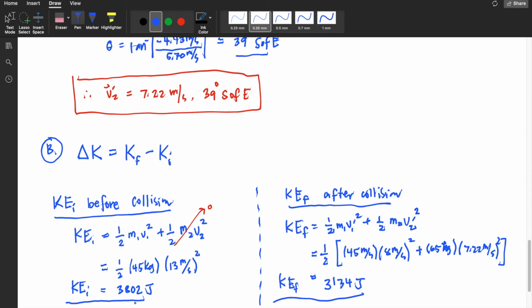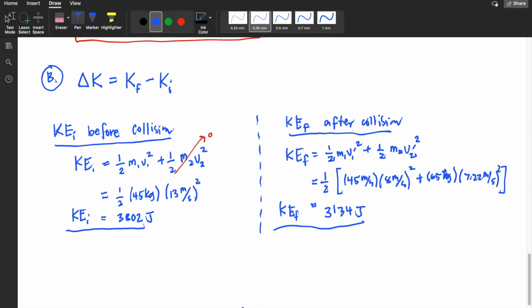So all we have to do is to find the change. So we'll have here delta KE is equal to KE final minus the kinetic energy initial.